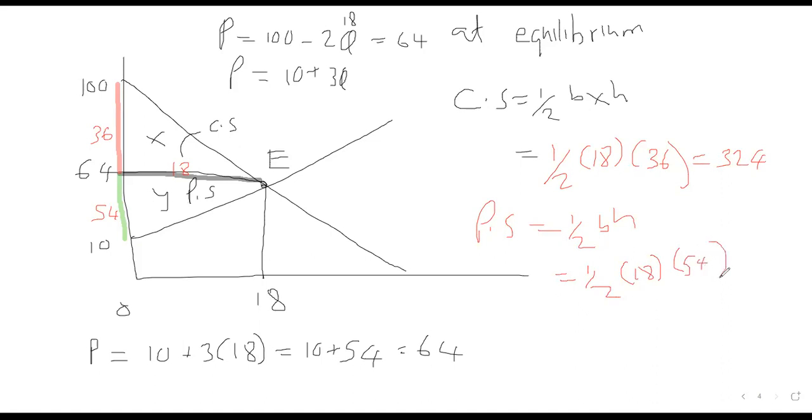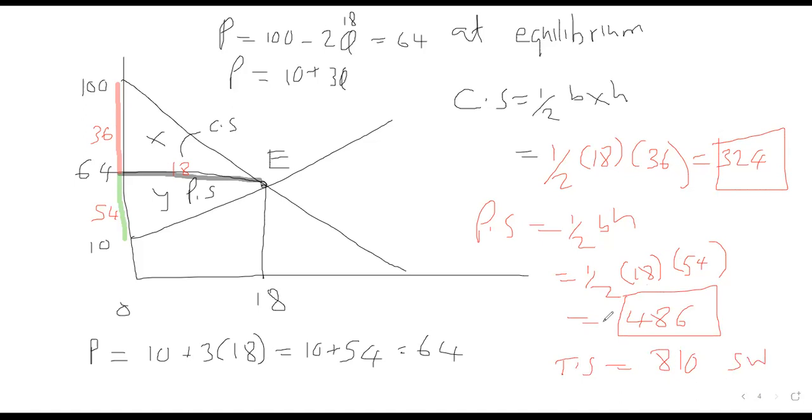So 18 times 54 divided by 2, we get 486. Now this 486, when we add it to the 324, collectively gives what we call the total surplus, which is 810. The other term for the total surplus is the social welfare.